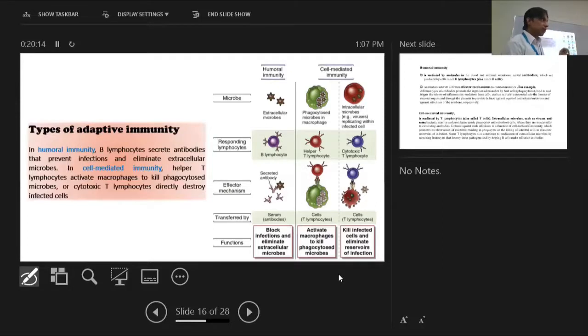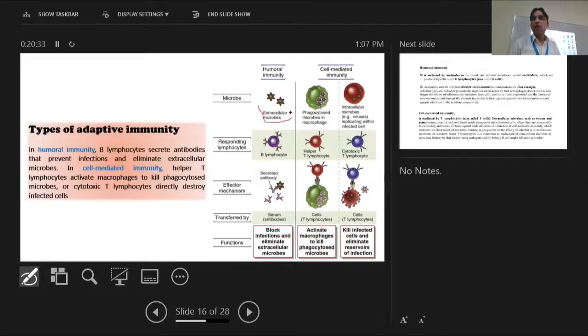If the trouble lives in the blood, then we need to fight that thing by releasing certain responses within the blood. And the job of that is usually carried out with the help of the B cells. Usually the extracellular microbe, they use the term here, the extracellular microbe.